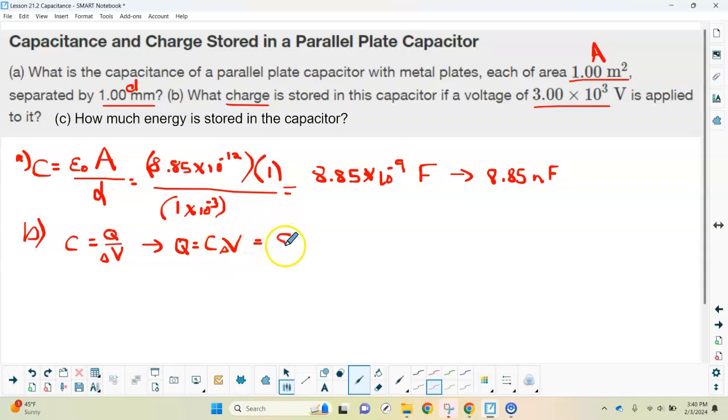So it'd be that 8.85 times 10 to the negative 9th times the voltage, which is 3,000 volts.